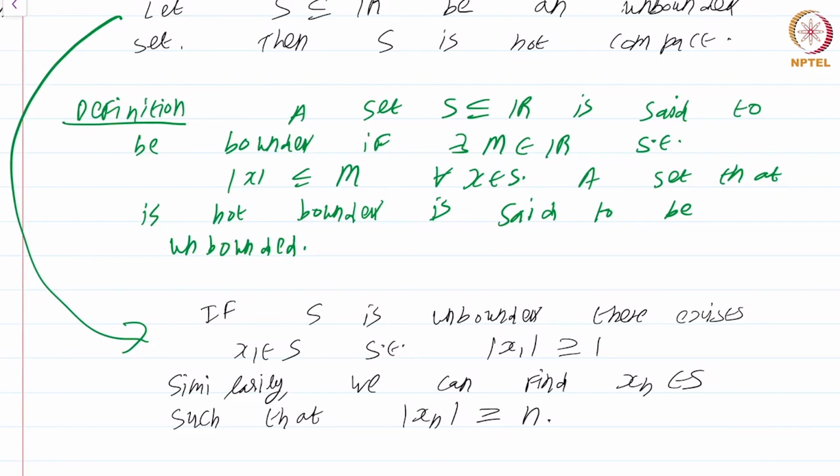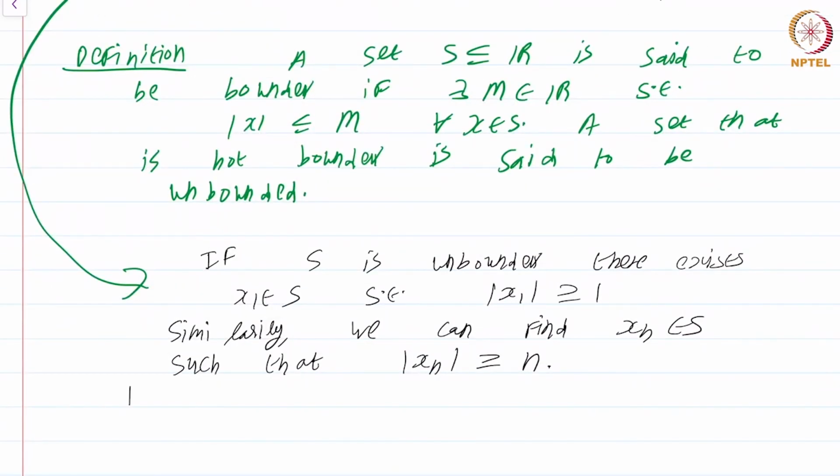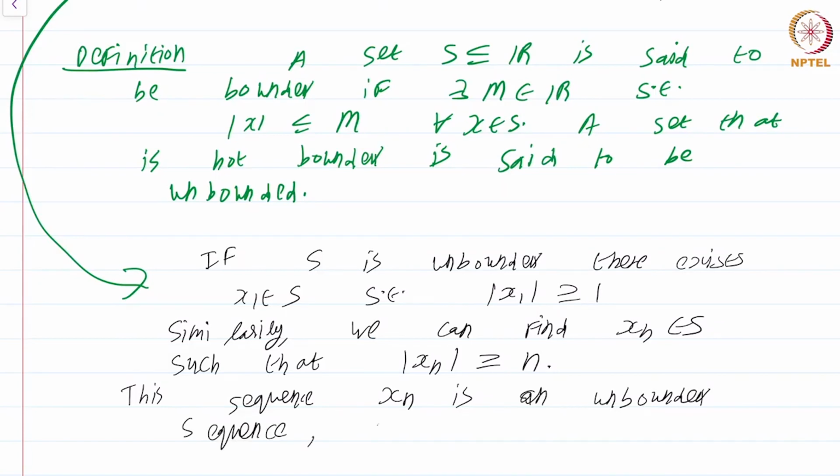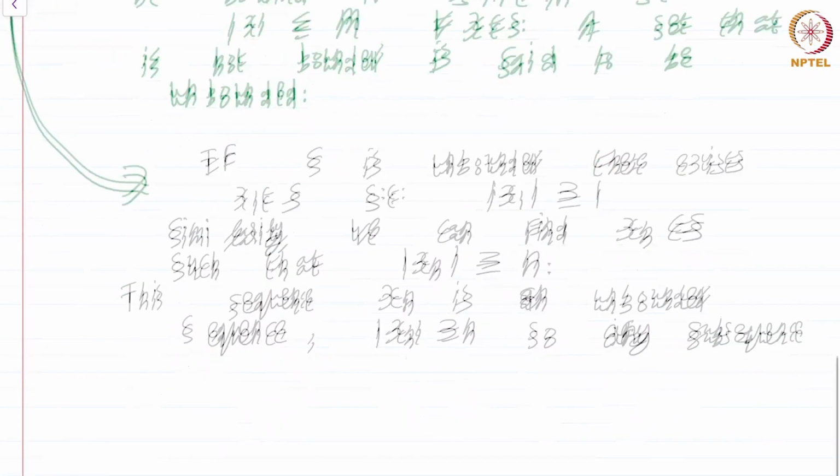So this sequence x_n is an unbounded sequence. Not only is it an unbounded sequence, we have |x_n| greater than or equal to n, so any subsequence is also unbounded.